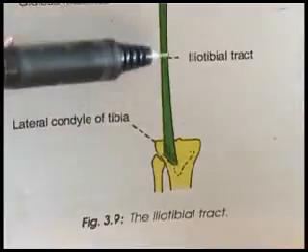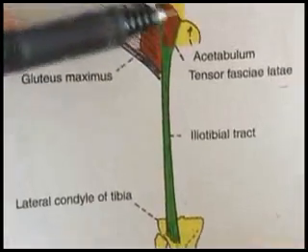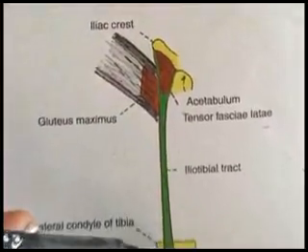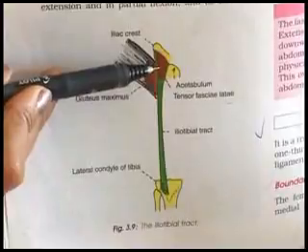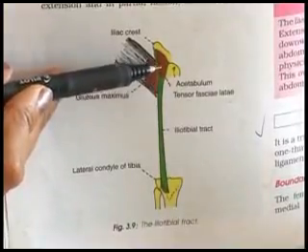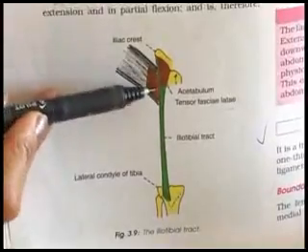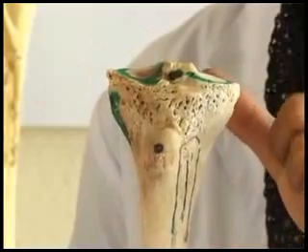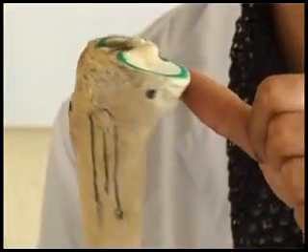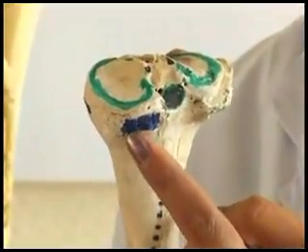The green one is the iliotibial tract extending from the iliac crest above to the lateral condyle of the tibia below. Into this, two muscles are inserted, the tensor fasciae latae from the iliac crest and the huge postural gluteus maximus from the gluteal region. The groove on the posterior surface of the medial condyle gets the insertion of the semimembranosus muscle.